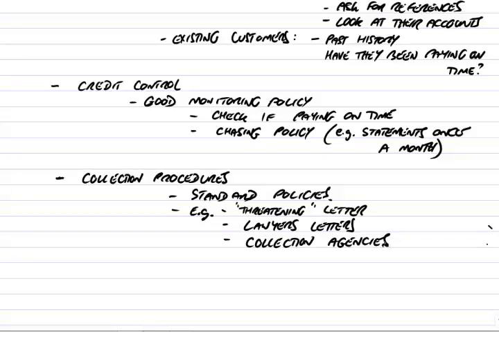And again, our standard procedure, after 1 month, we send them a letter saying pay within 1 week or something. Maybe after 2 months, we send a letter from a lawyer saying it'll be passed to a collection agency. Maybe after 3 months, we do pass it to a collection agency. The point is, we need standard procedures.